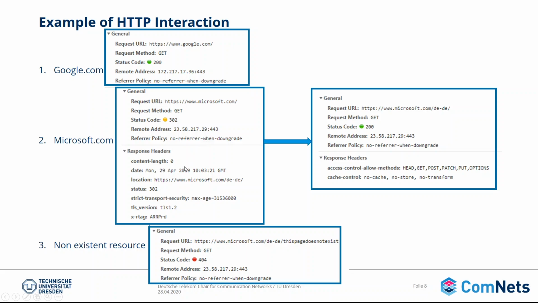And you get redirected to the German version of the web page that you asked for. And these are some aspects of the communication. And this is equivalent to if you had already from the beginning asked for the specific German web page, then you would have gotten a success code, and you wouldn't have had the redirection, right?